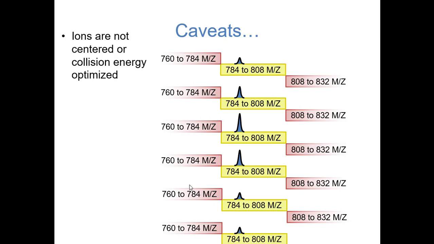What that really means is that, as a general result, the collision energies used by the instrument for collecting these aren't tuned specifically for that mass. They're going to be reasonably close because it's got to be somewhere in that window range, but typically the instrument will on the fly tune the collision energy for the center of that window and not for peptides at the beginning or at the end of that window. So the collision energy should be varying much more by charge state than by the slight mass.